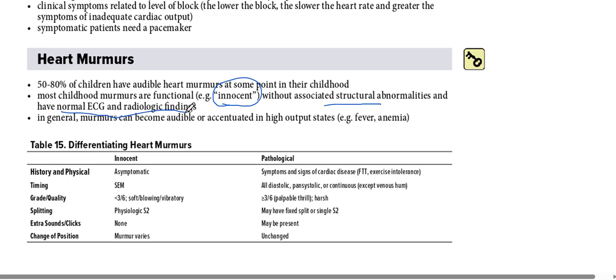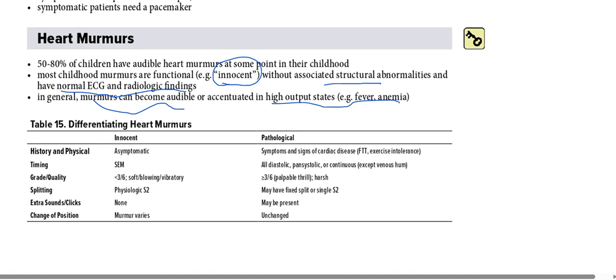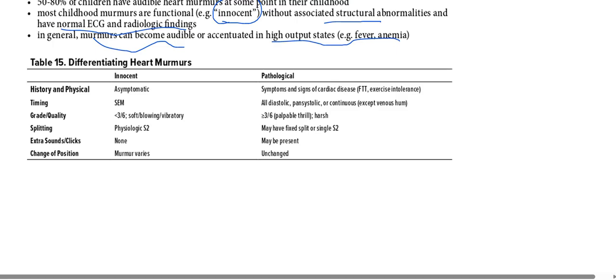Normal ECG and radiological findings. In general, murmurs can become audible or accentuated in high output states, for example fever and anemia.